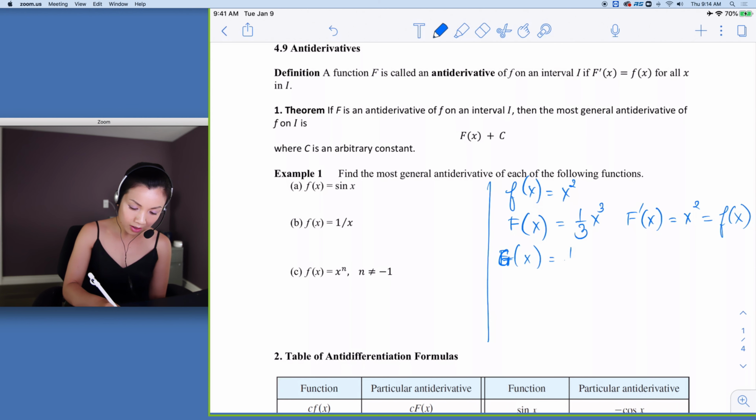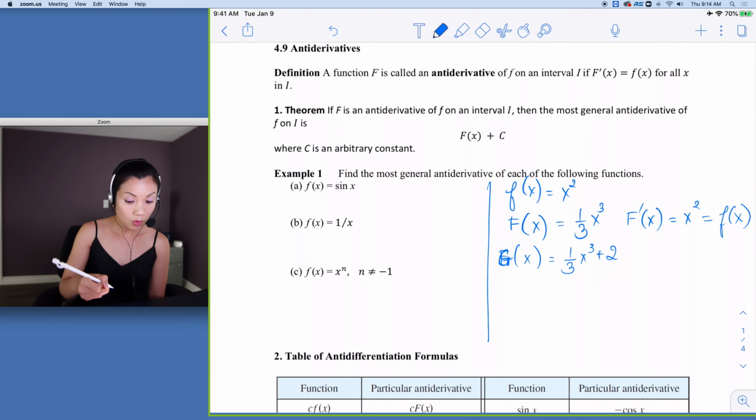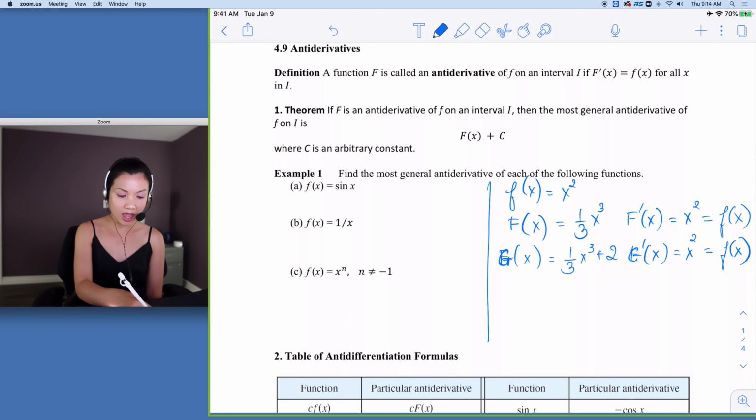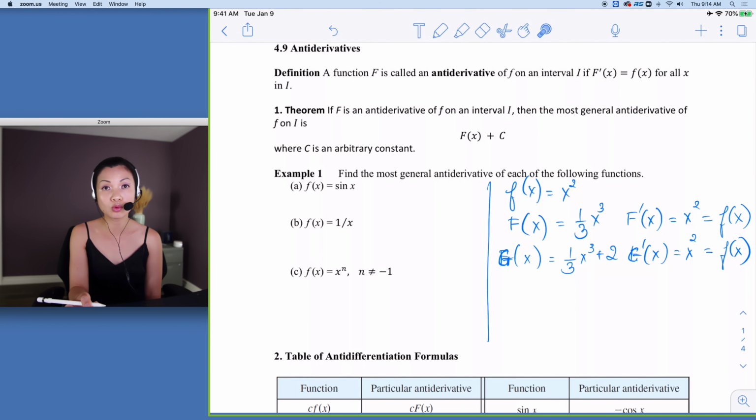What if I got 1/3 x cubed plus 2? When I do the derivative, I still end up with x squared, which is also f of x. That's why we have this theorem. You have to consider the constant, because when you take the derivative of a constant, it disappears.